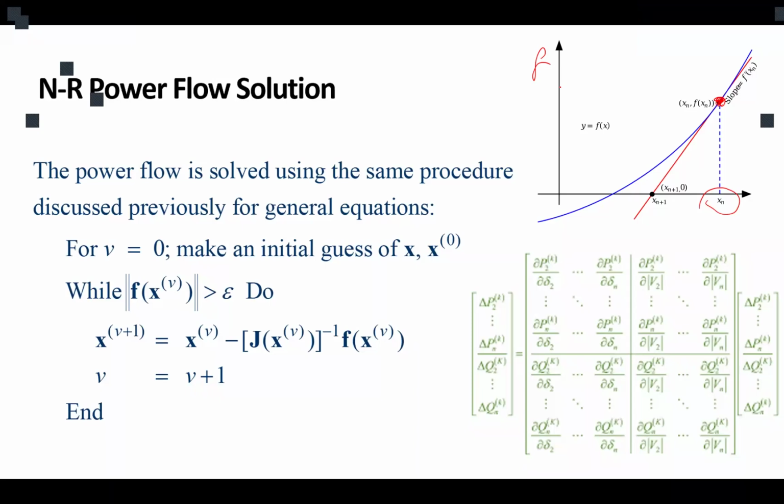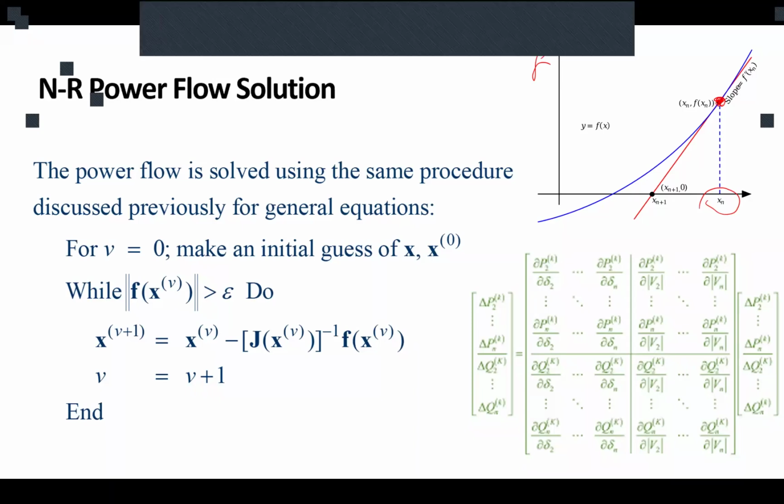You calculate the slope or the differential of F at x n. The next guess is where that F prime line hits the x-axis. It's going to be the next x, the next guess. Now, again, you calculate the F. This is F n plus 1.